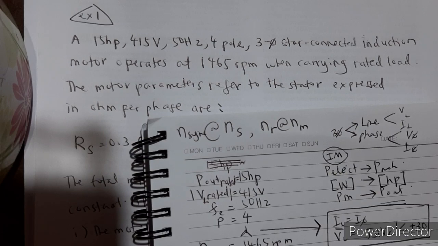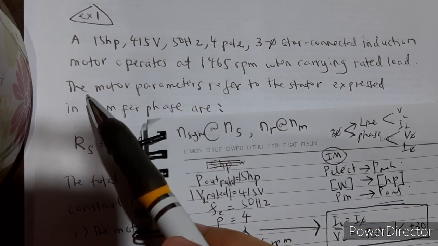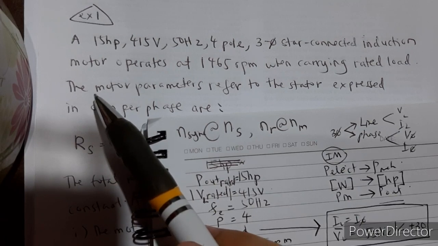In a motor we also have the same concept, since the winding on the rotor is not physically connected to the winding on the stator, so to use the same voltage level we have to refer. For your syllabus you don't need to worry, because you only have one approximate equivalent circuit, referred to the stator.